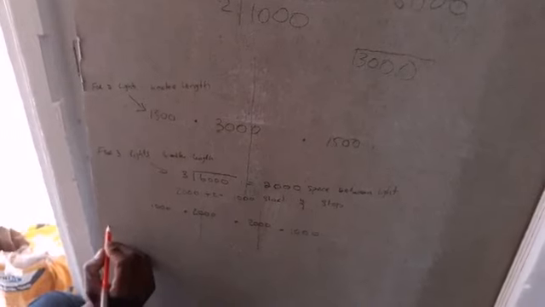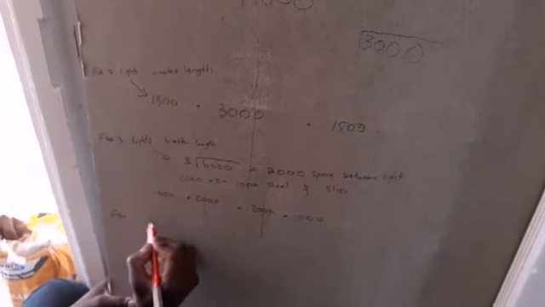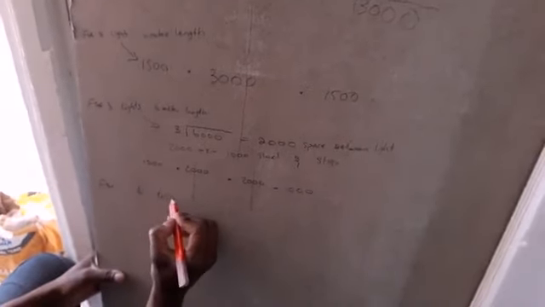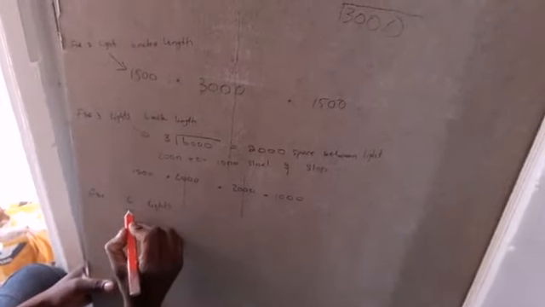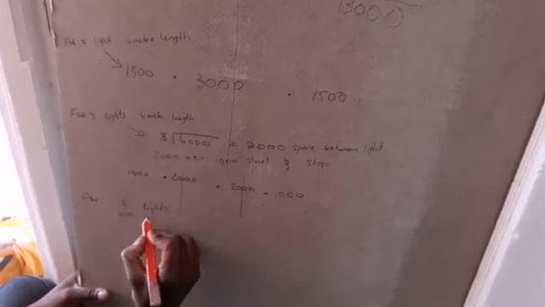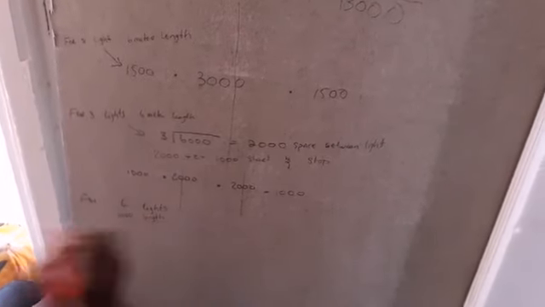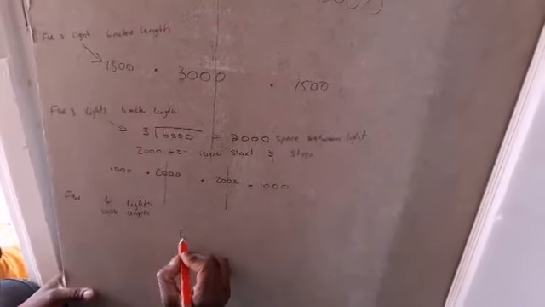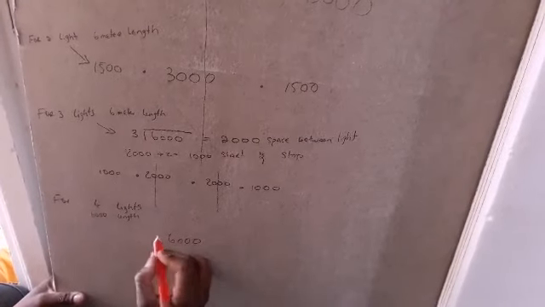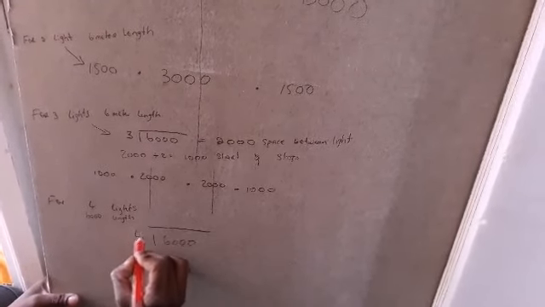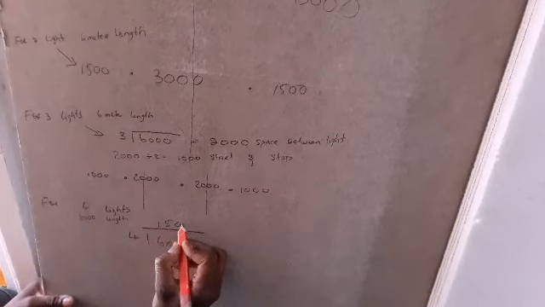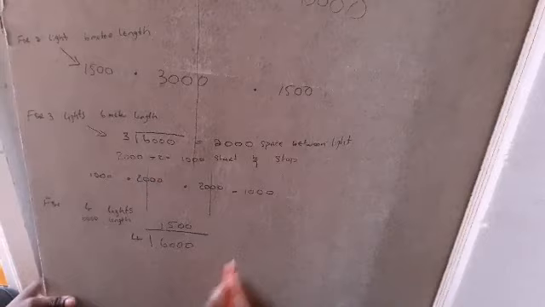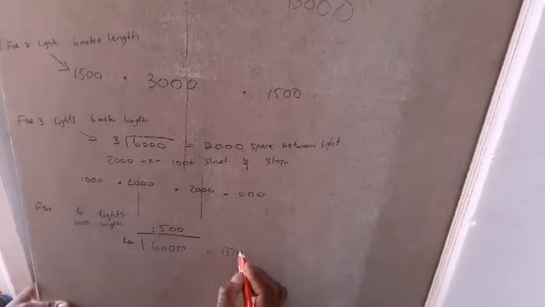If you have 4 lights, you do the same, the same 6 meter length. So 6,000, you divide it by the amount of lights, which is 4. You get 1,500 here. Cool? So equal 1,500.